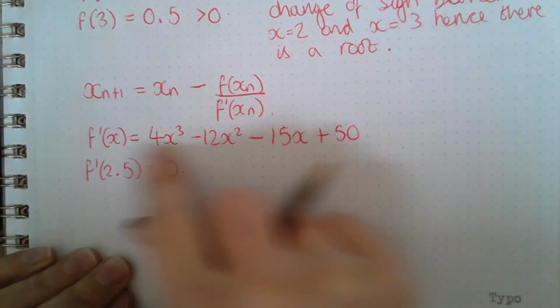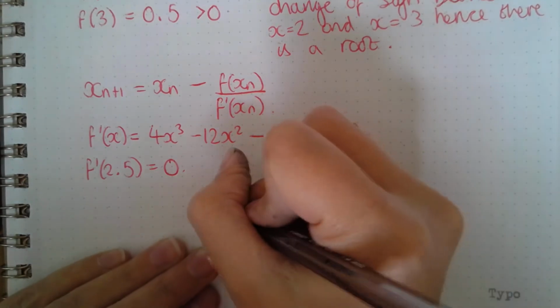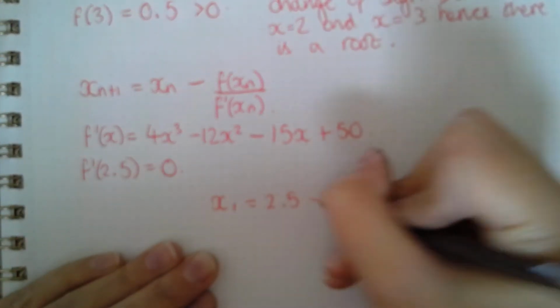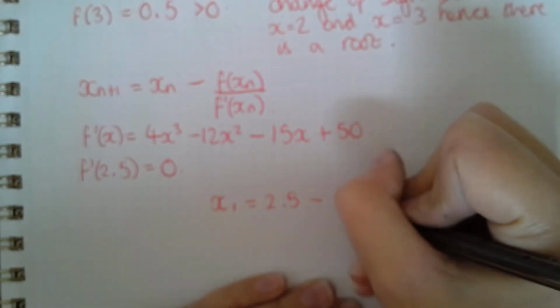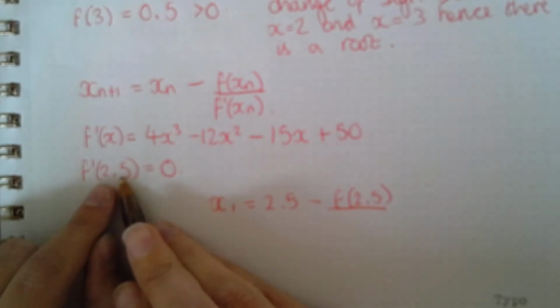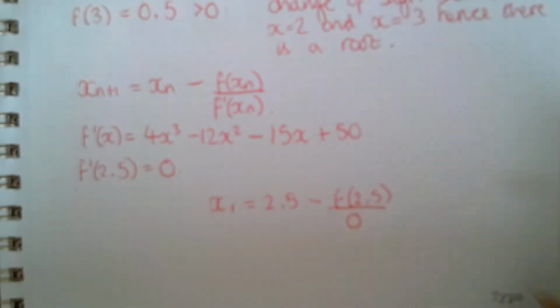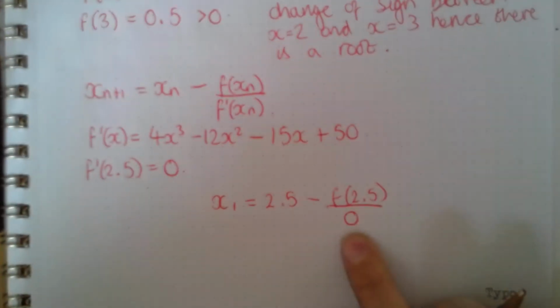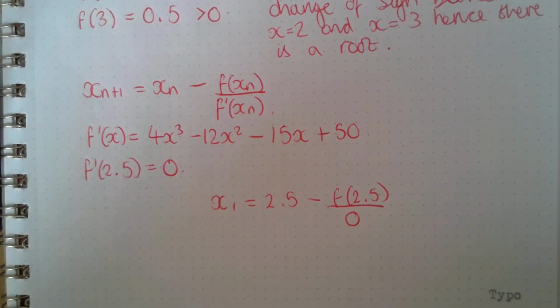So our initial equation, we would have x1 equals 2.5, take away f of 2.5, divided by, well, when we sub in 2.5 into f prime, we get 0. Okay, so I'm hoping that we can all see the problem with using 2.5 is this denominator is 0.